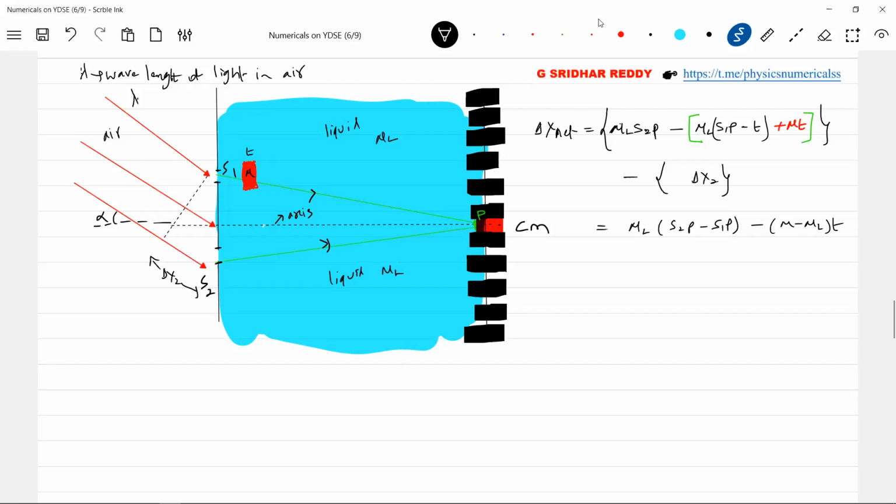And check the equations once, and delta x2, what you can write as d sine alpha. Check the mathematics here: mu L S2P minus mu L S1P, mu L we took common. Then minus of mu plus mu L, so mu minus mu L times T. Now, what is S2P minus S1P?